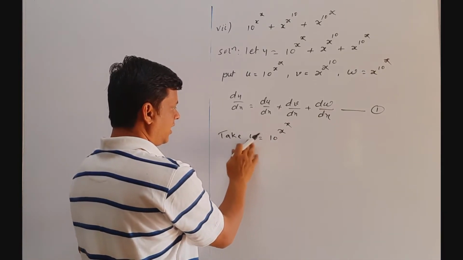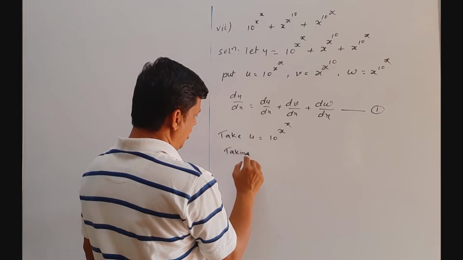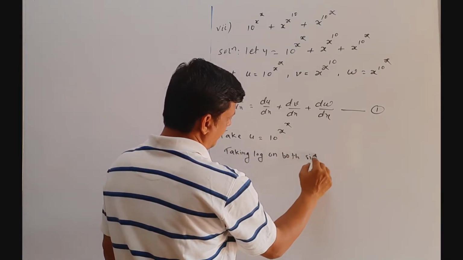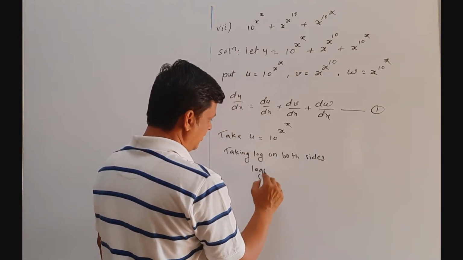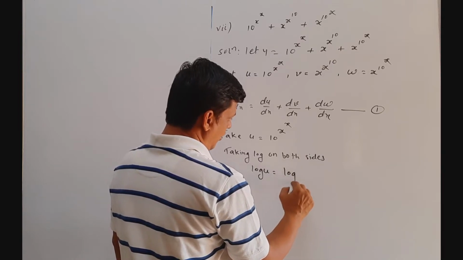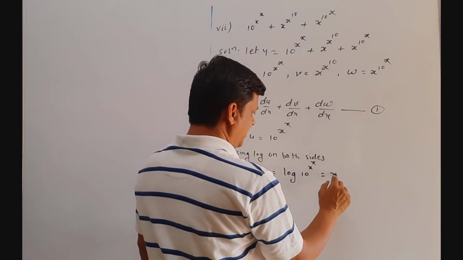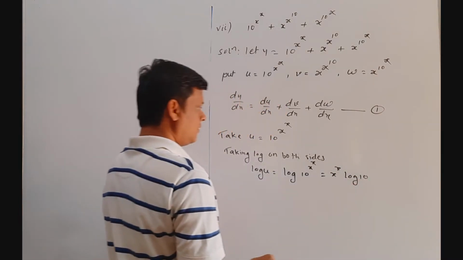So we have to take log on both sides. So write here, taking log on both sides, log u is equal to log of 10 raised to the power x raised to the power x. So we write this as x raised to the power x into log 10.